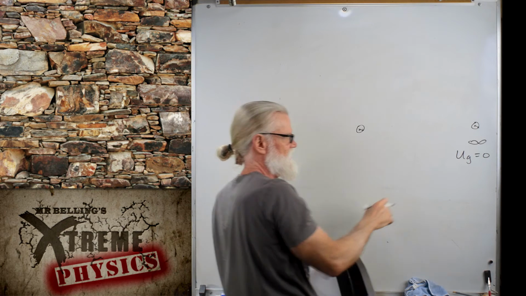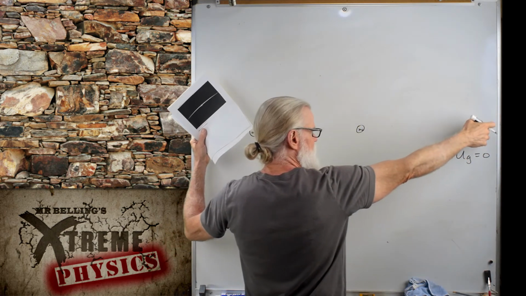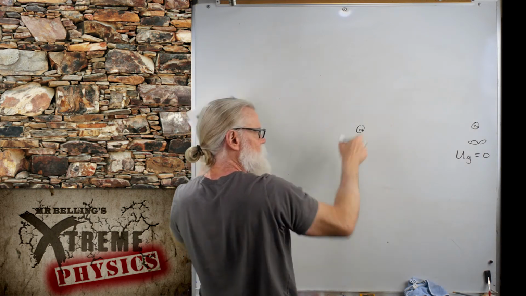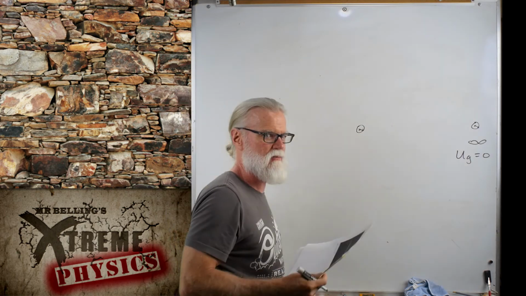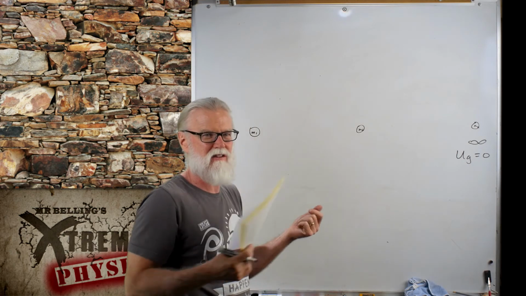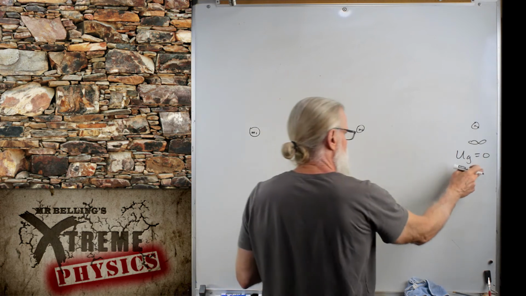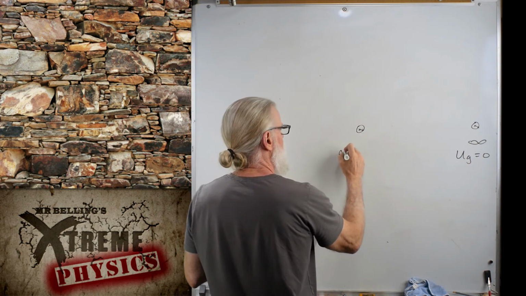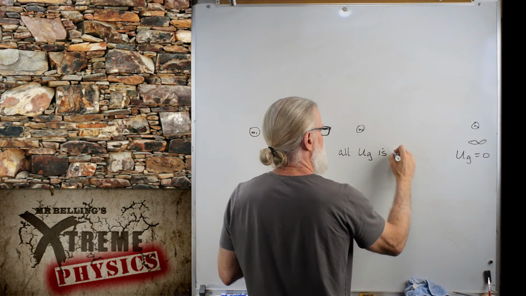So if that's 0, that's as large as it can be, right? Because as it gets closer, it's going to have less potential energy, right? And when it gets real close, it's really small. There's a point at which when it's as close as it can be, that's as small as it can be. So if that's 0, then all of it is negative.